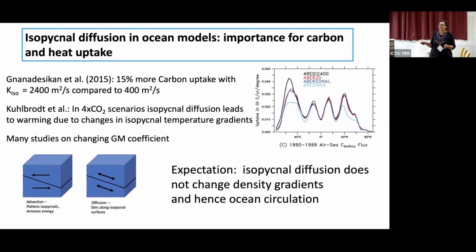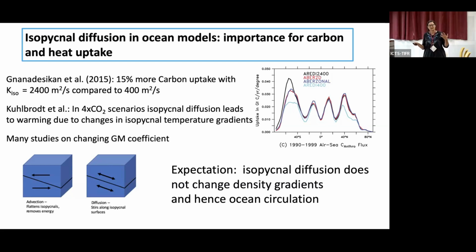And then the effect on temperature is maybe not as straightforward, but there was a study, for instance, if you have a 4 times CO2 scenario, then isopycnal diffusion leads to a warming, to changes in the isopycnal temperature gradients along isopycnals. Okay. But this is actually diffusion along isopycnals, right?